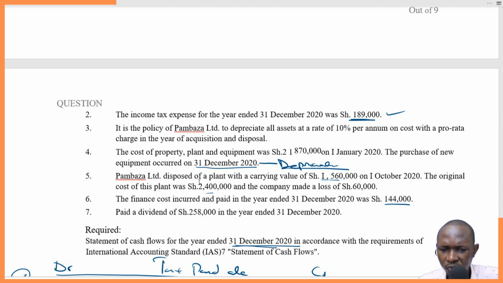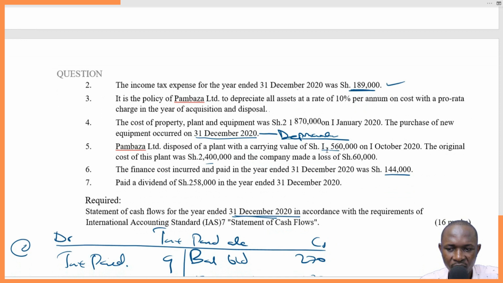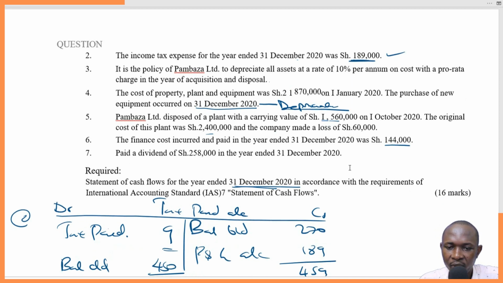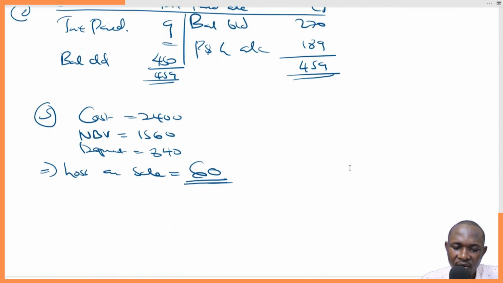So there is this plant which was sold, item number 5, disposed of a plant with a carrying value of 1560. The net book value was 1560, but it was sold at a loss of 60. So it means it was sold at 1500. So you can put proceeds from sale of plant, 1500.